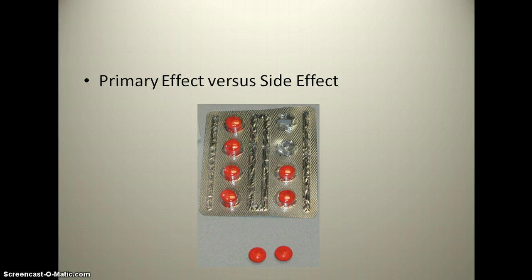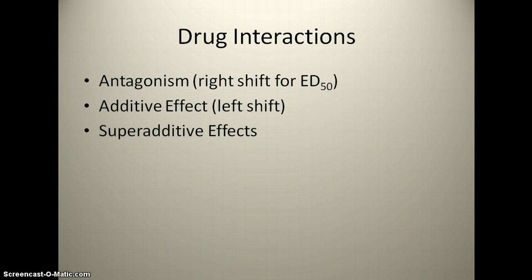So every drug that you take is going to have a primary effect versus side effects. You have to take into account side effects. Sometimes drugs are prescribed because of their side effects. Drugs oftentimes interact with each other. You can have drug antagonism. The drug antagonism would be a right shift for the effective dose.